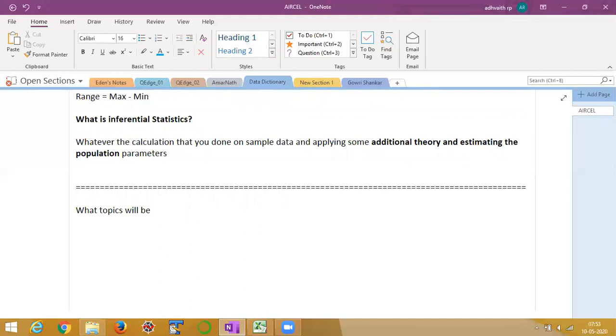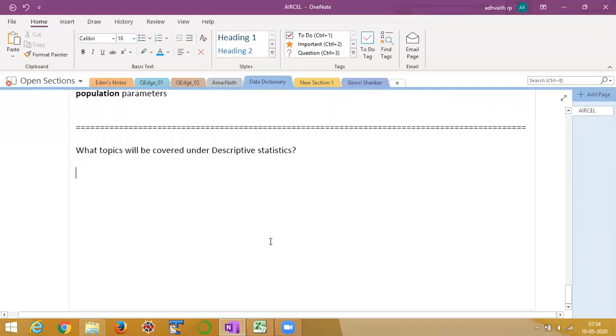There are a small number of topics, and many more exist, but I'm going to discuss those related to data science. Descriptive statistics.